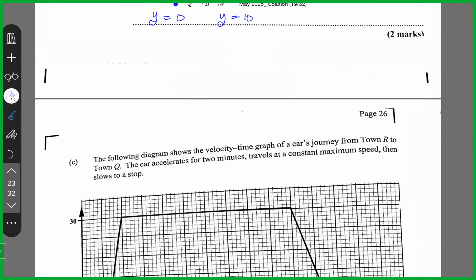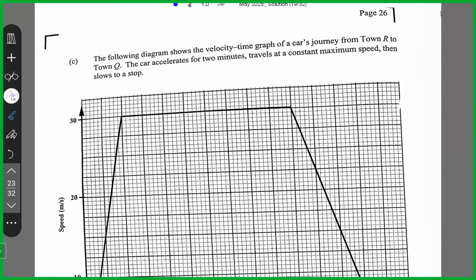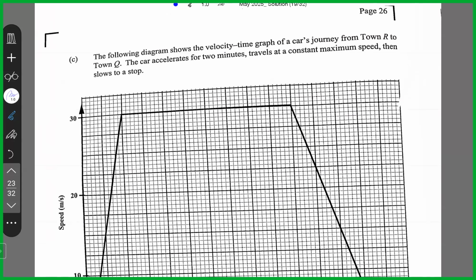C. At C, we're told that the following diagram shows the velocity time graph of a car's journey from town R to town Q. The car accelerates for 2 minutes, travels at a constant maximum speed, then slows to a stop.